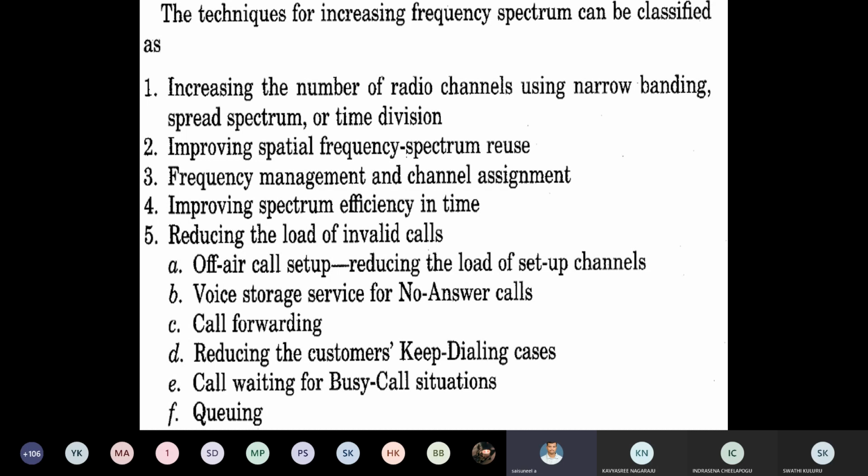The second one is improving spatial frequency spectrum reuse. Next is frequency management and channel assignment, and improving spectrum efficiency in time. The next one is reducing the load of invalid calls. Invalid calls are nothing but no answer calls, call forwarding, call waiting, and queuing. These are the different types.